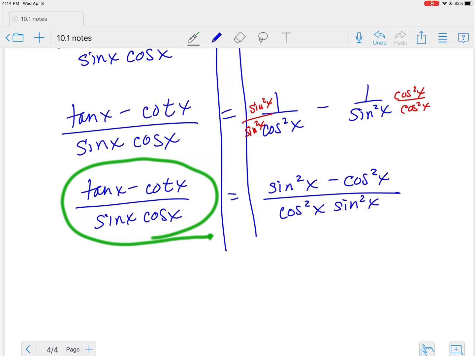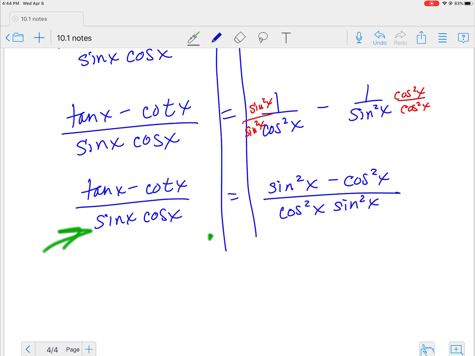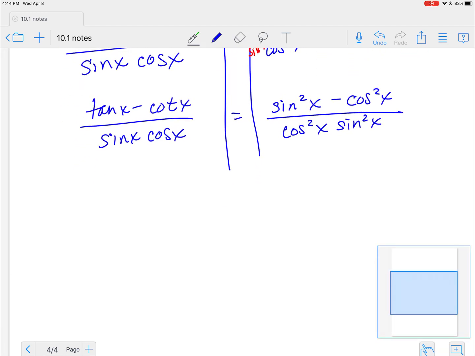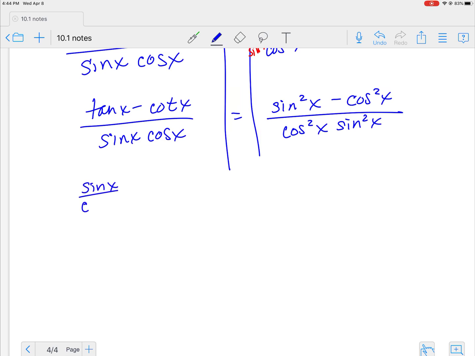Now, for me, this is all in terms of sine and cosine. This is partially in terms of sine and cosine. So I'm going to hit this one. I'm going to come over here to this one and start working over here.